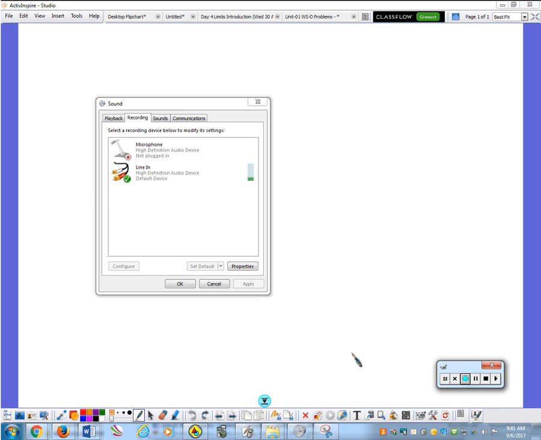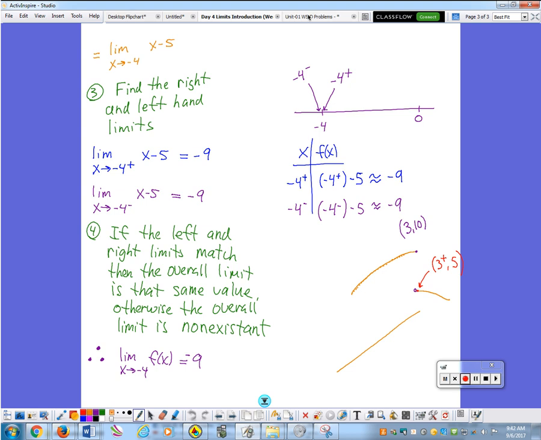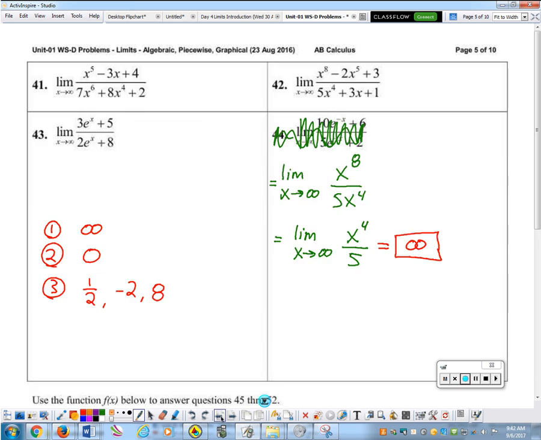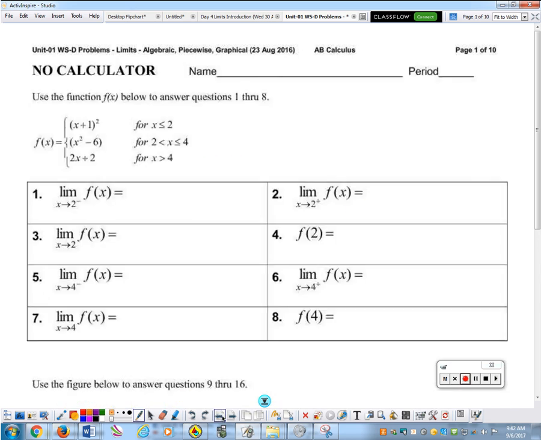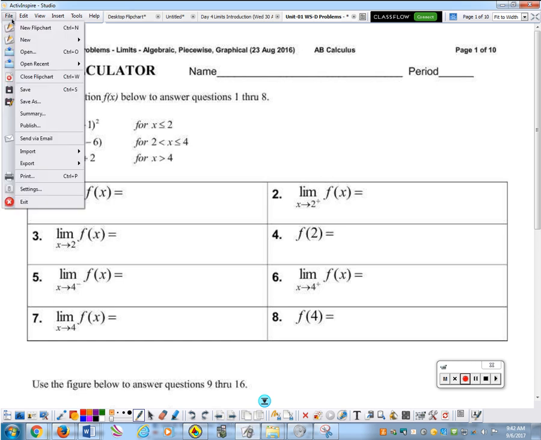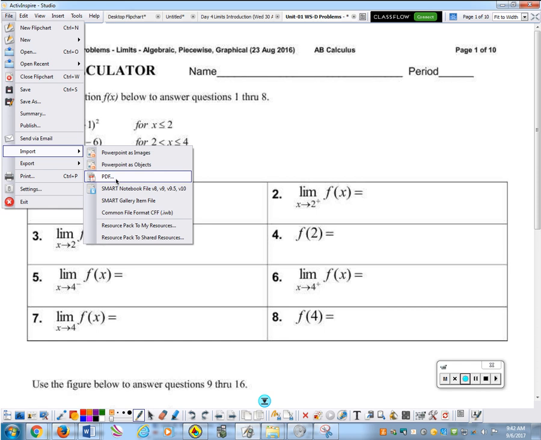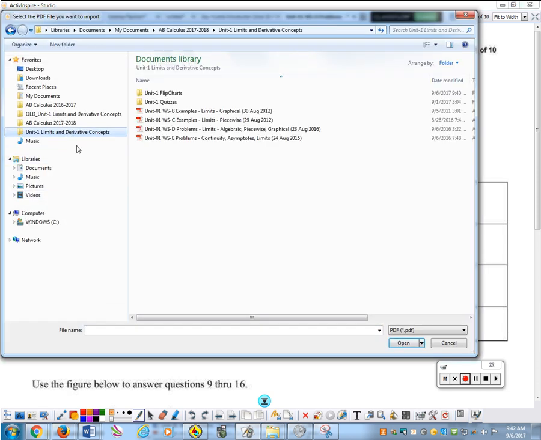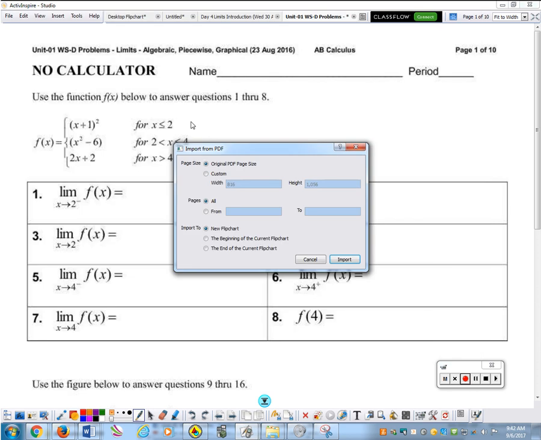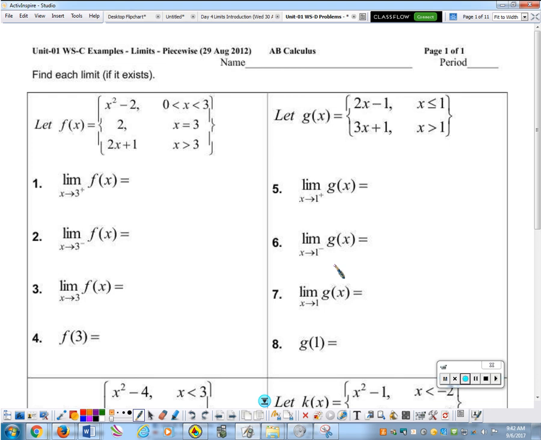So grab this, turn it to this side. It's actually a very simple limit question.